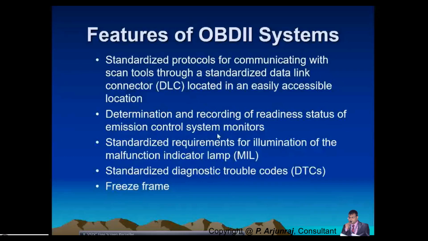As we are dealing with engines, emission control system is one of the key aspects of onboard diagnostics. It also has a malfunction indicator lamp, shortly called MIL, which will help to indicate the problems with respect to the engines.